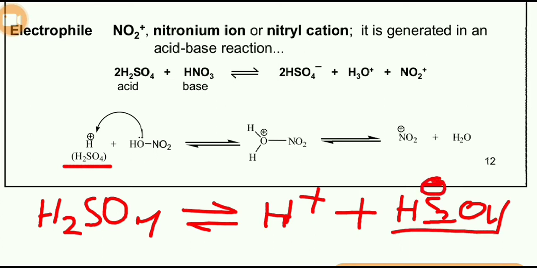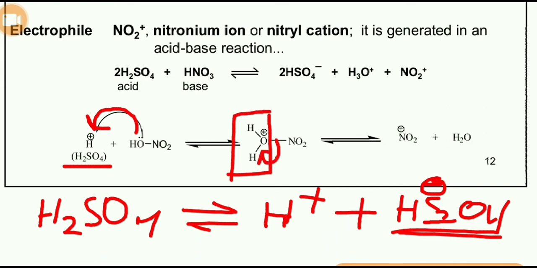This is known as the conjugate base of the acid. This H plus is taken by the OH of HNO3 and this is formed, and now this is like a water group, so it is released to balance the positive charge. This bond breaks on the side of oxygen and the nitronium ion is left with H2O.